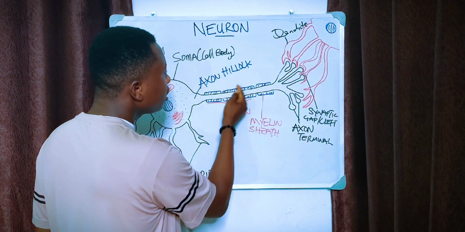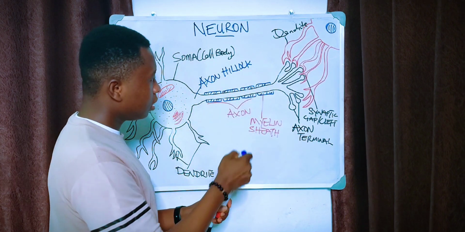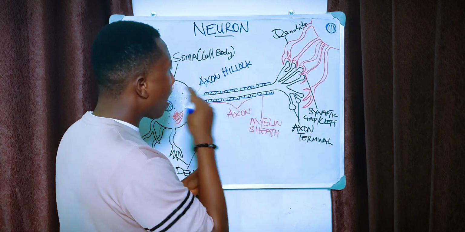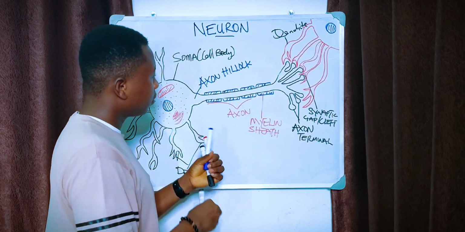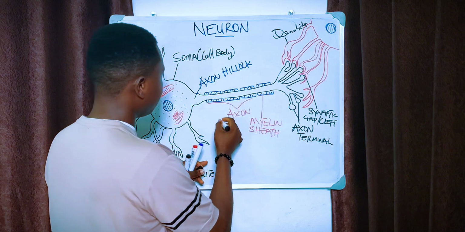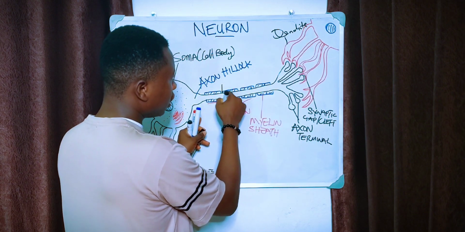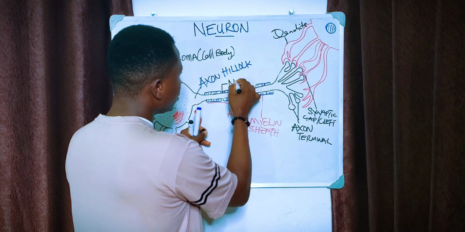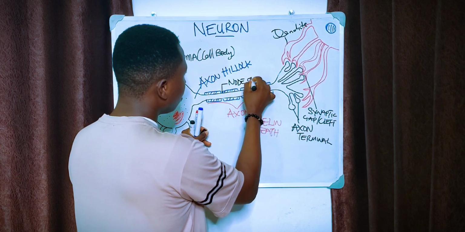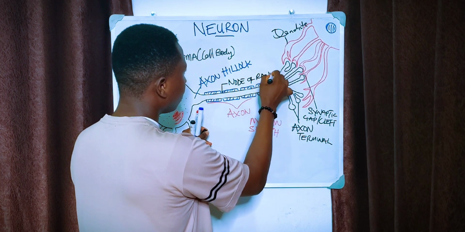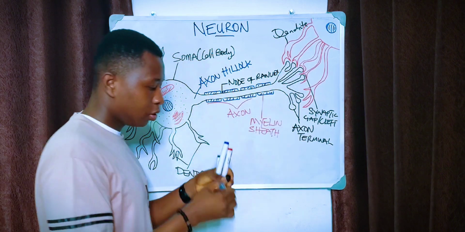Now, in between the axon is what we term the node of Ranvier. So this space between each myelin sheath is called the node of Ranvier.